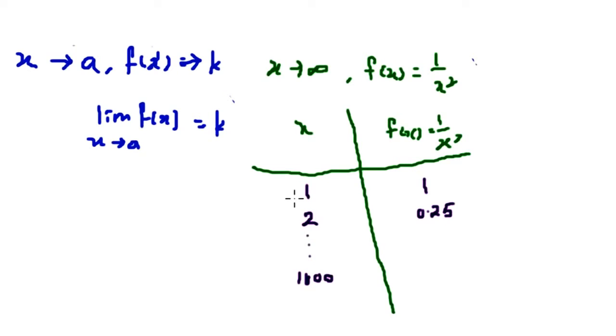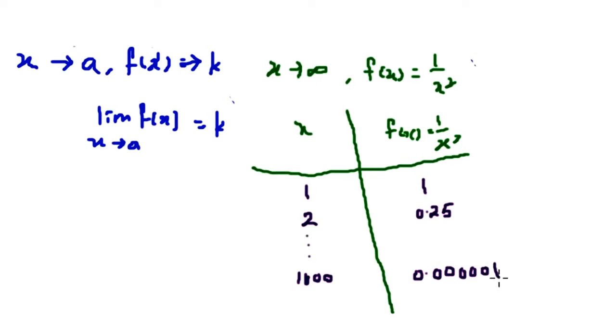You don't have to do it one by one, but this is just to prove how the concept works. When you put 1000 into x, 1 over 1000 to the power of 2, you will get 0.000001, which means the larger the value of x, you notice that f(x) is approaching 0.